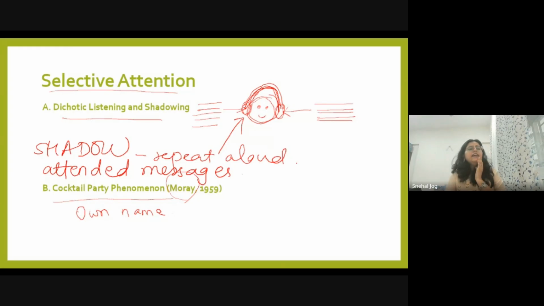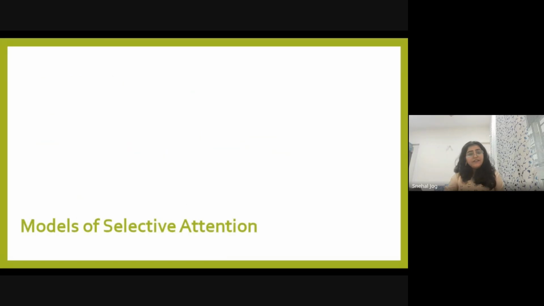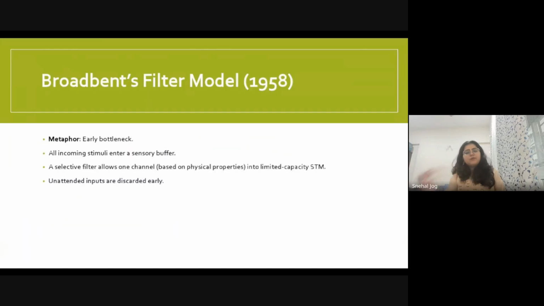Okay. Now, this is the basics of selective attention. Now we move on to the more important topics in terms of MCQs and in terms of the NET exam, which is models of selective attention. So the very first is Broadbent's filter theory, or filter model. The metaphor given is that of an early bottleneck.